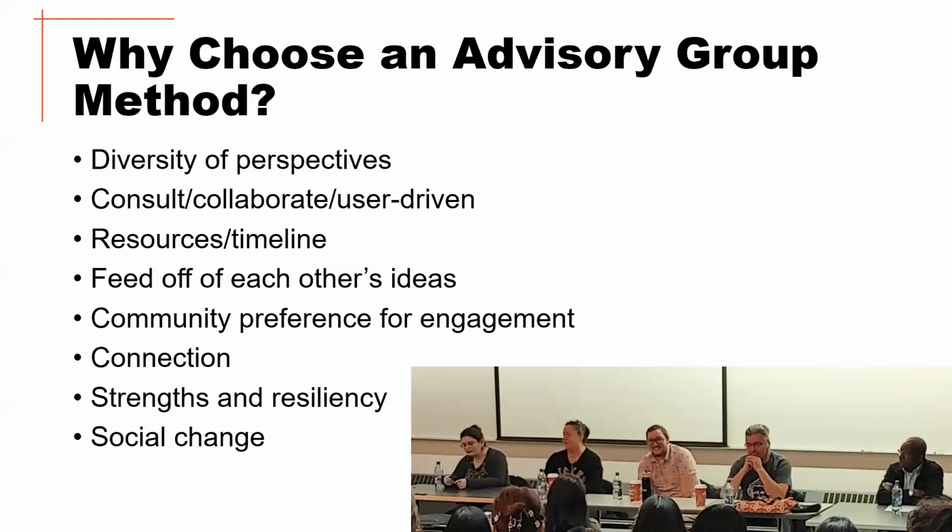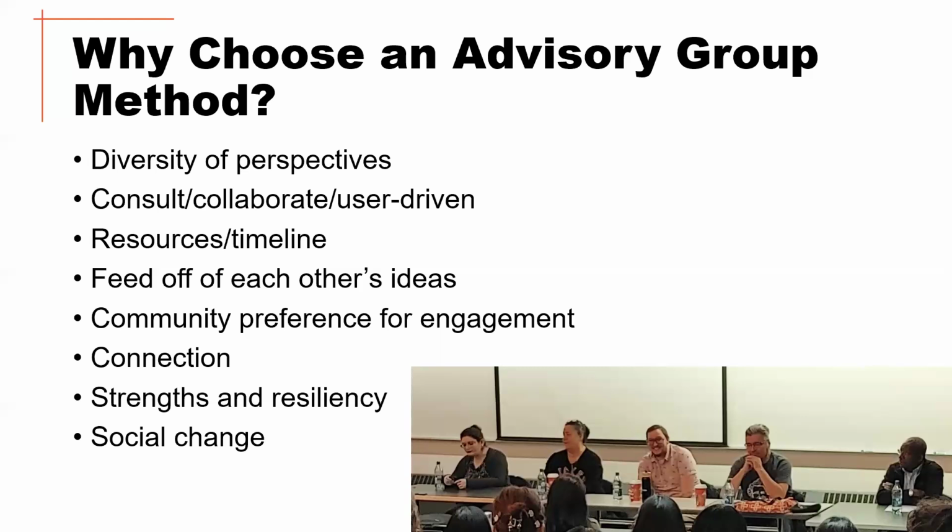Also, it might be the preference of community. So if you're doing that external assessment at the beginning and people are really saying, we prefer to be engaged as a group, one of the benefits of doing an advisory group is connection amongst people with the same lived and living experience. So there might be that benefit of belonging and connection for those who are involved with the advisory groups.